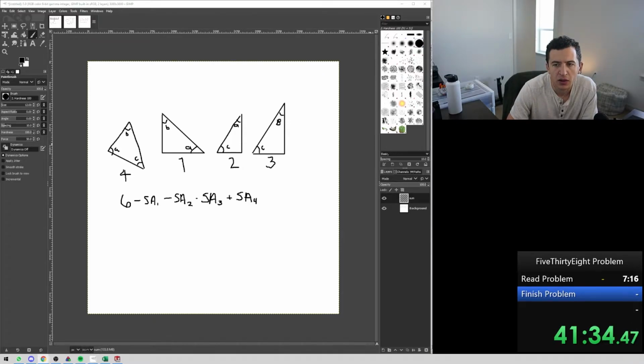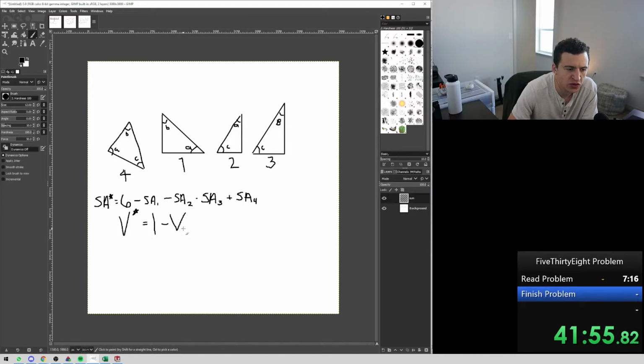Now, the volume, this is SA star. Volume star is equal to 1 minus the volume of triangle ABC.